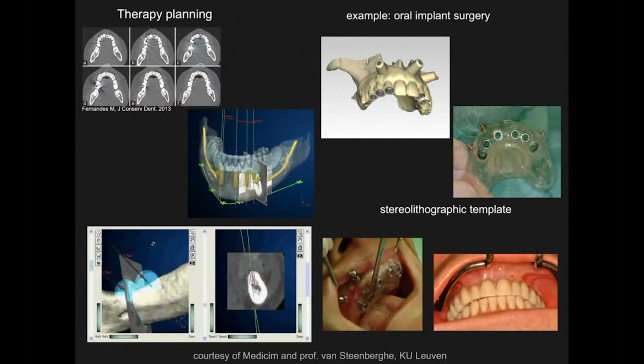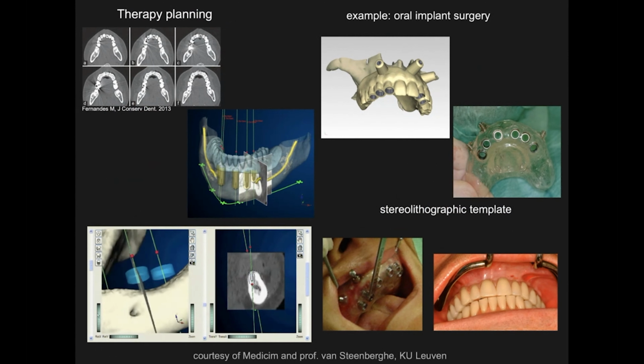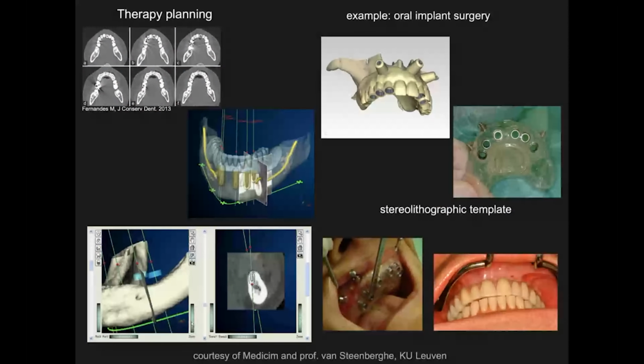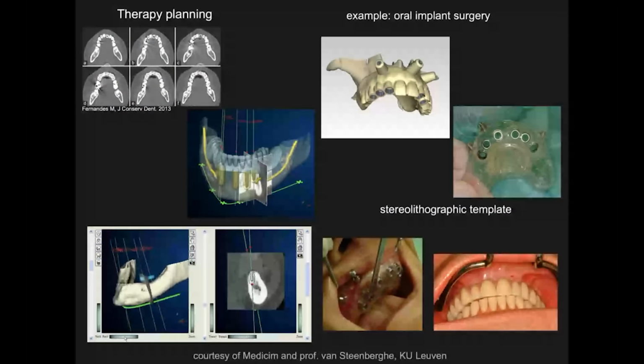Here's another example of therapy planning, where we use computer tomography images. The raw images as we acquire them are shown in the top left corner. From that, we extract, in this case, the teeth and the jaw, because we're looking at dental implants, titanium screws on which teeth can be implanted.